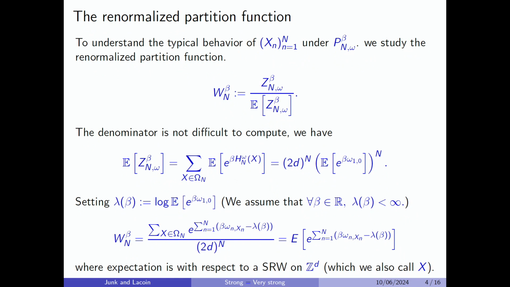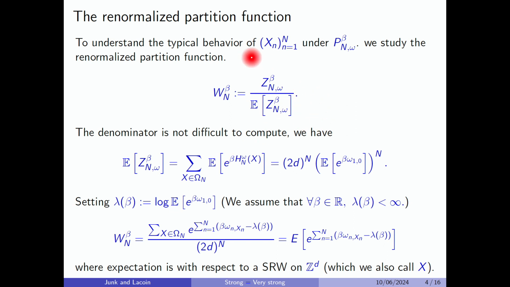Now what we are interested in is the typical behavior of the trajectory under the polymer measure, and in particular how this behaves asymptotically when n goes to infinity. It turns out that to study this question, you can find a lot of elements just by looking at the partition function.